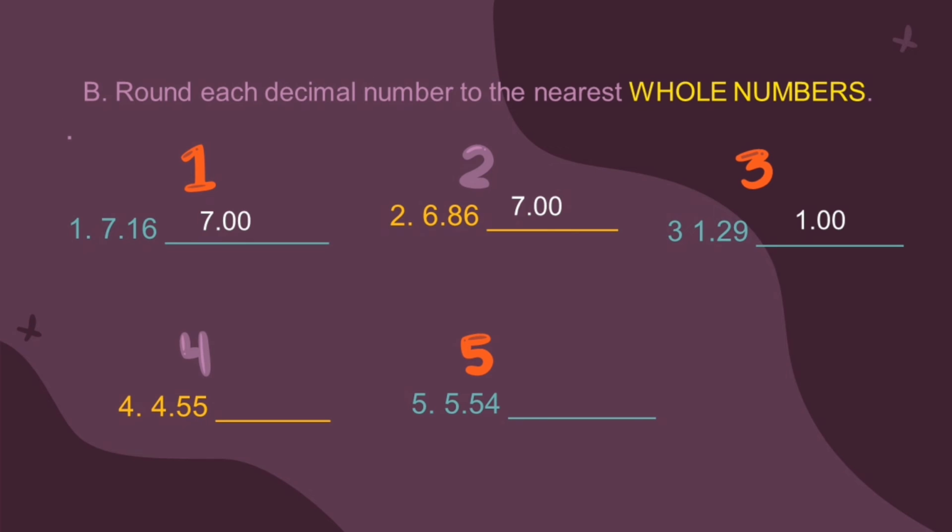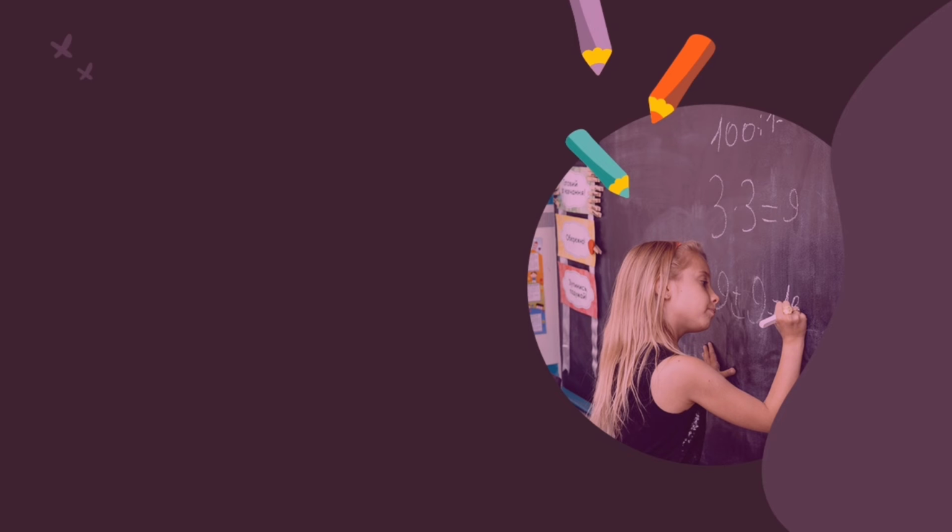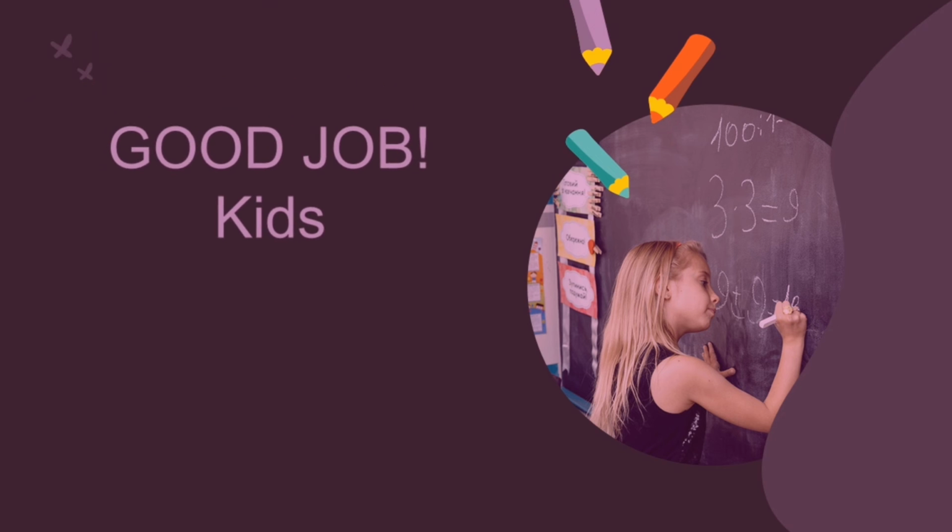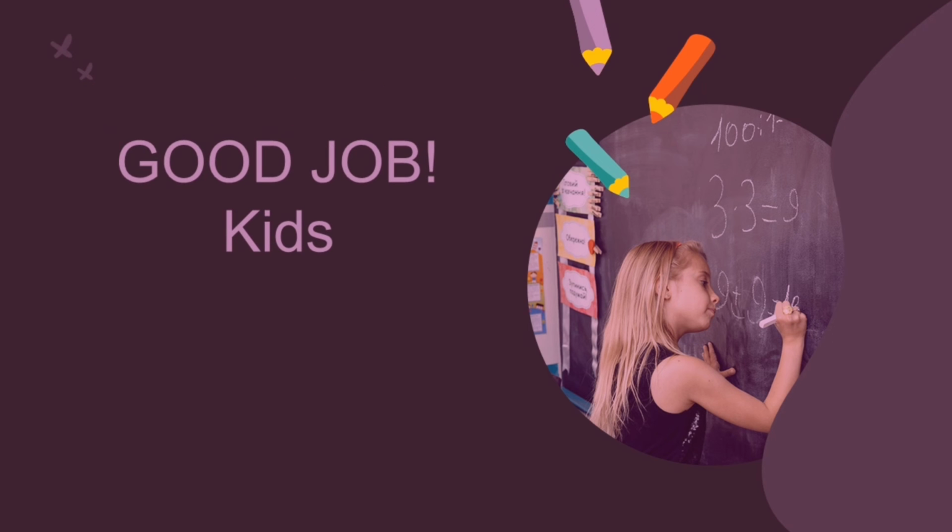Number 4, 4.55. What is the answer if we round off to the nearest whole number? Very good. The answer is 5. And the last one is 5.54. Round off to the nearest whole number, the answer is 6. Okay, good job, kids.